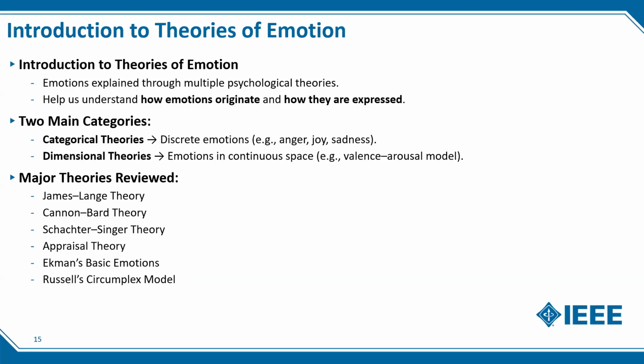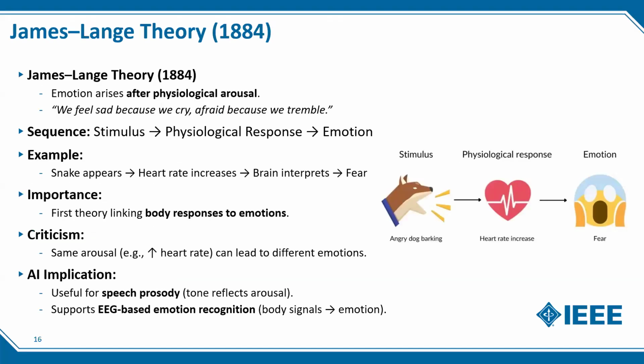One is the categorical theory, which deals with discrete emotions, in the sense of anger, joy, sadness, etc. The second deals with dimensional theories, emotions in continuous space. For the time being you may not understand what emotions in continuous space means, but once I get into that, it will be clear. An example is the valence-arousal model, Russell's circumplex model. These are some of the theories named after these great gentlemen. Let us consider each one.